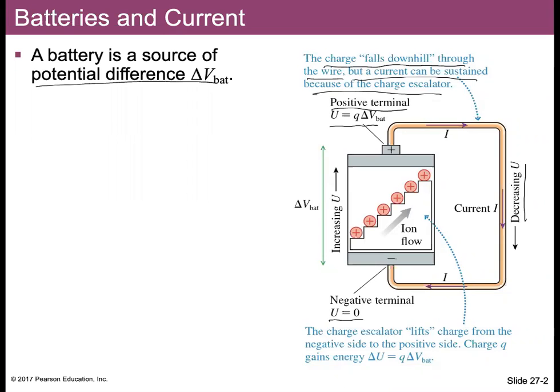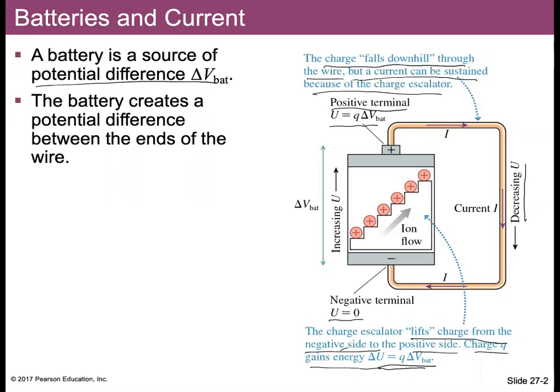It lifts our charge from the negative side to the positive side, where the charge, little q, gains energy, delta U, our change in potential energy, which is equal to our charge times our delta V. So when the battery creates a potential difference between the ends of the wire, we're able to start having current going along our wire.